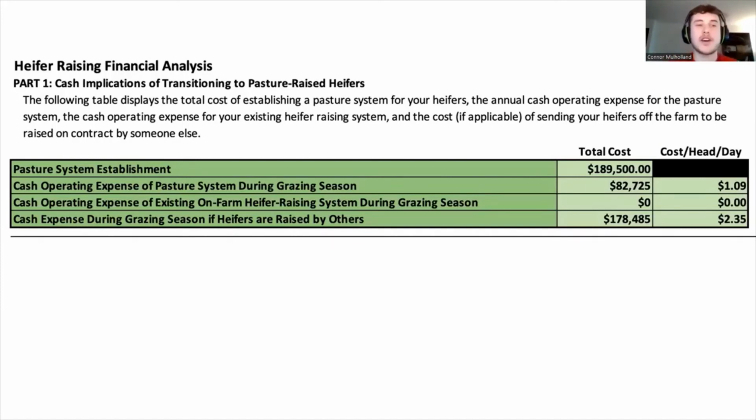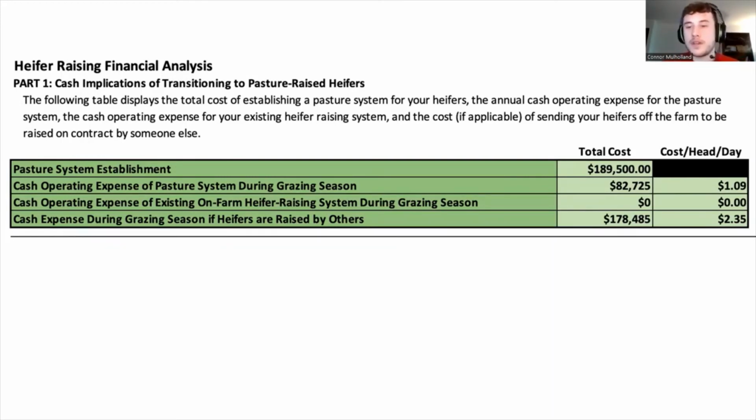So we have the cash cost of the pasture system establishment, the cash cost of the operating expense of the pasture system during the grazing season, and then the cash cost of either your operating expense on farm, in this case $0, or cash expense of having your heifers raised by somebody else. And in this case, that pops up.